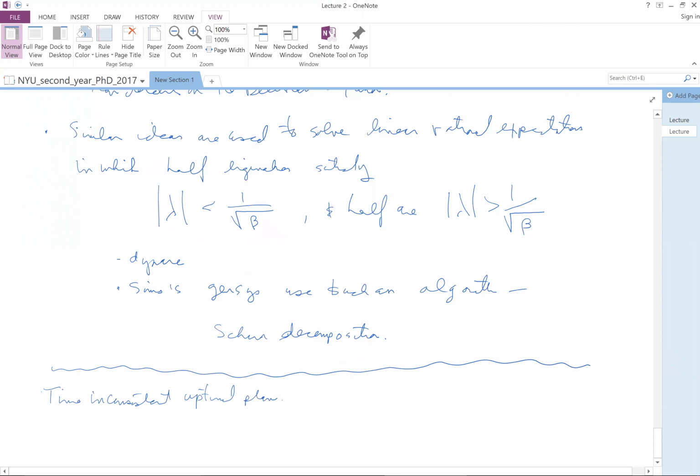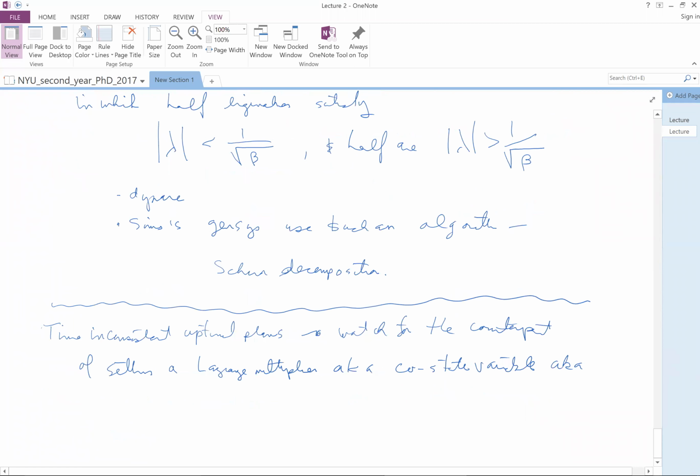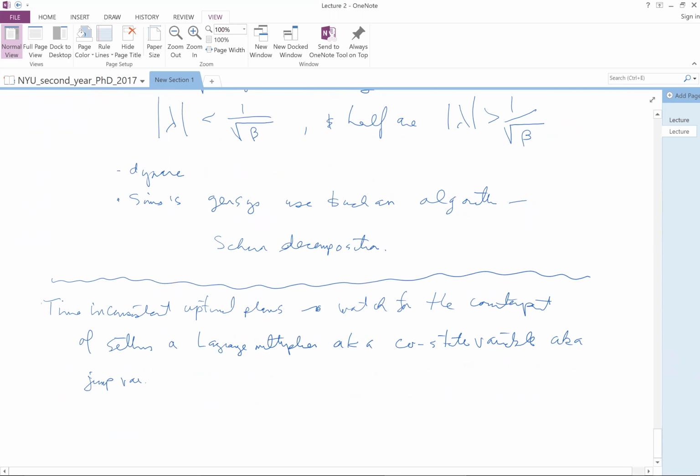The thing to watch for is the counterpart of setting the Lagrange multiplier, also known as a costate variable, also known as a jump variable, at time 0 in a special way.